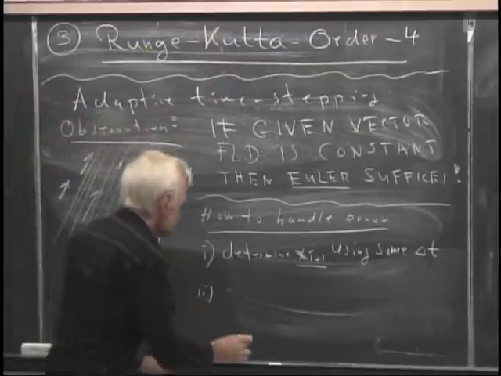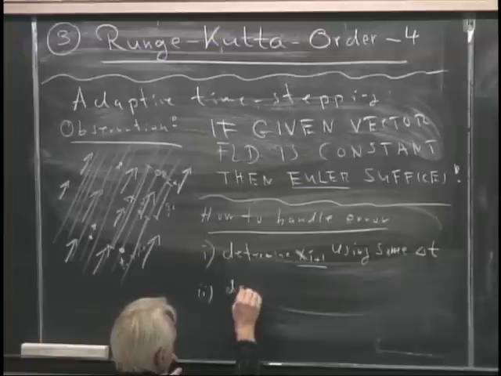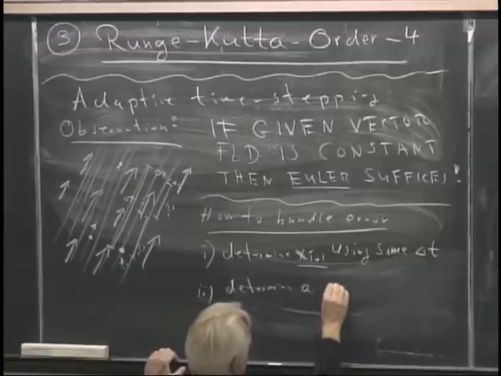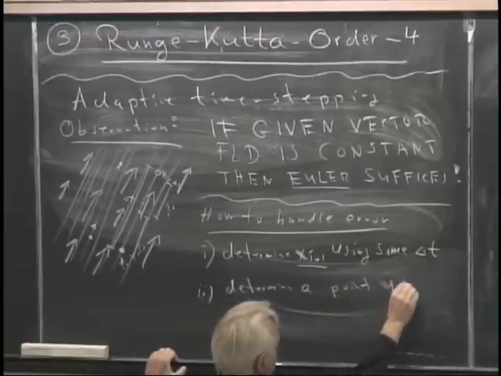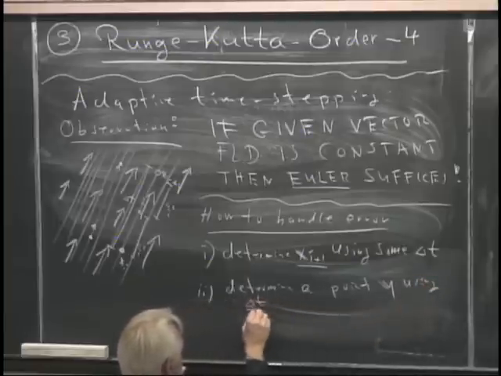Okay? Step 2 is to determine a point y using delta t over 2.